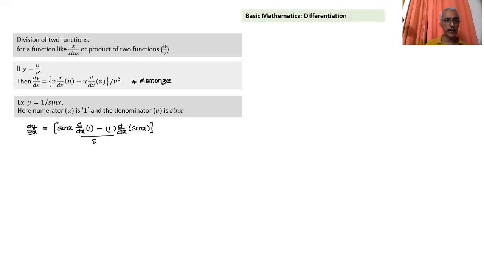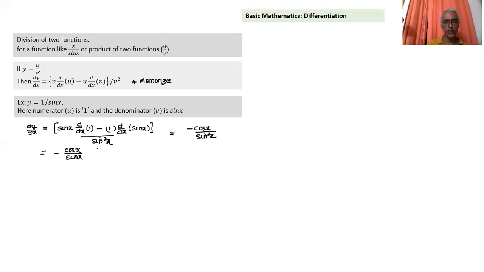Denominator is sine x, so sine square x. And you know how to simplify here. Derivative of constant is 0, so this term will become 0. It will be this minus sign, minus term here. Derivative of sine x is cos x, divided by sine square x, which can also be written as minus of cos x by sine x.